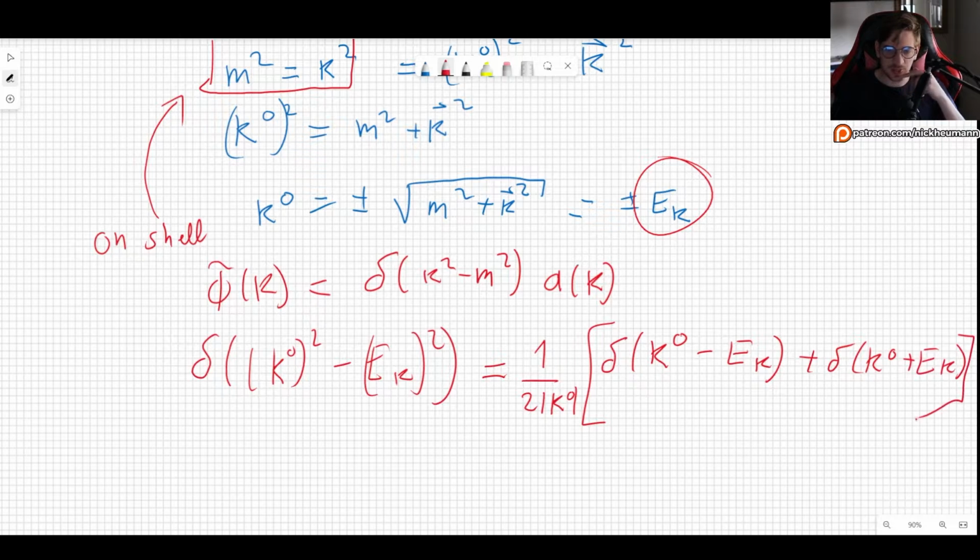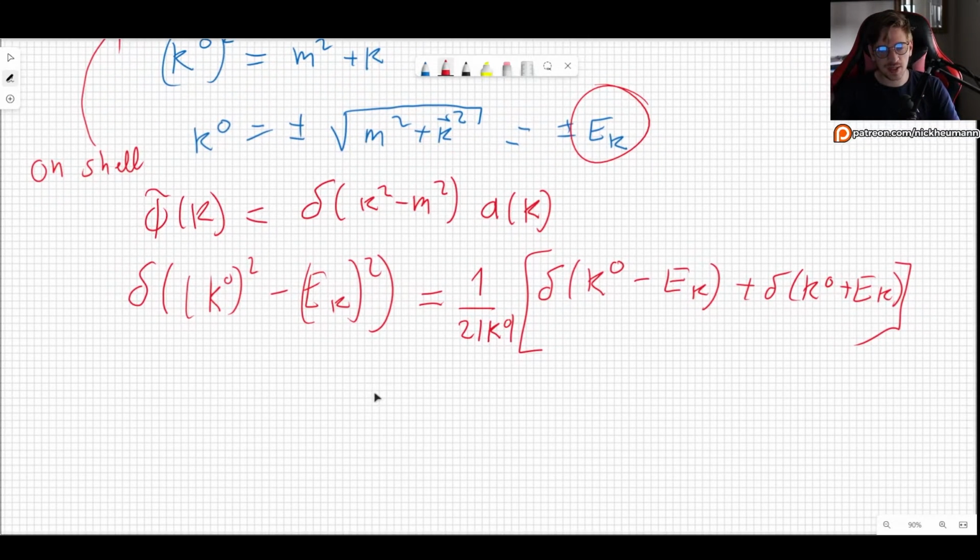So that's simply a property of the Dirac delta. Of course, the absolute value of k0 is simply E_k. k0 is either plus or minus, but the absolute value is simply E_k. So we can get rid of this and just write it as E_k.